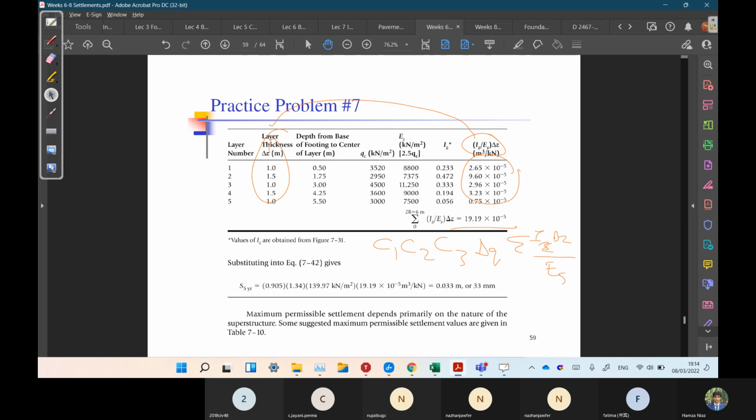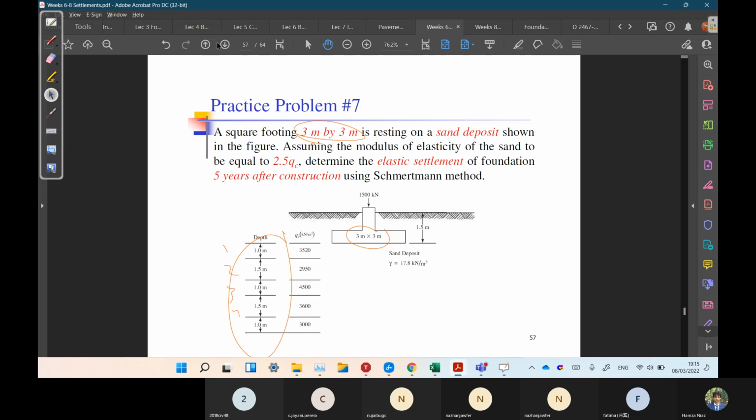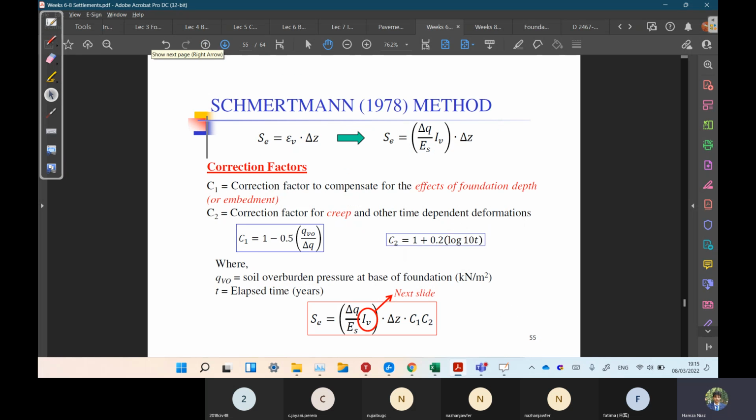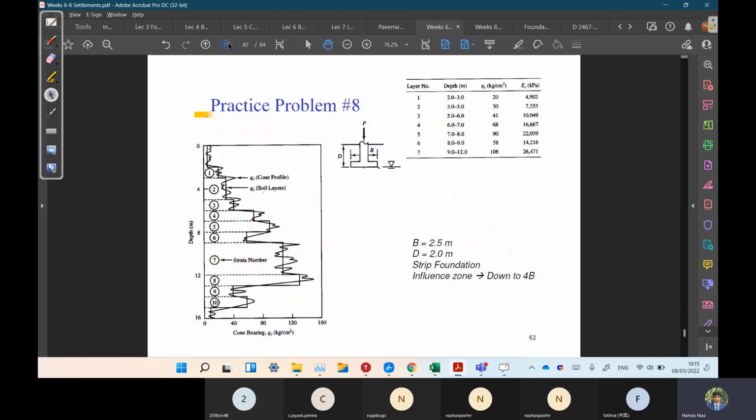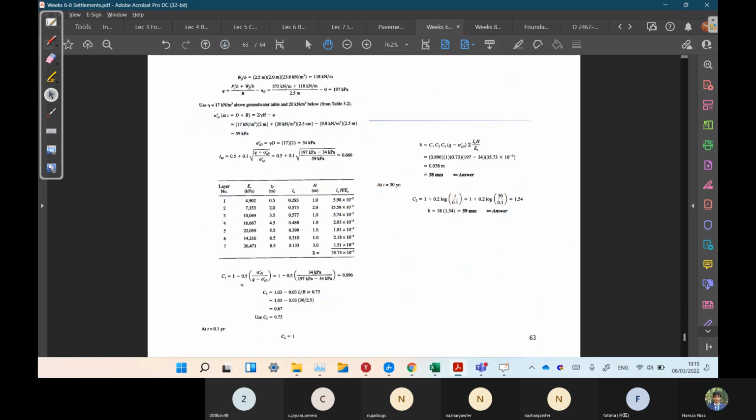Delta Q is the net overburden pressure. C1, C2, C3 are factors, and their formulas are directly given here. C1 is this, C2 is this. This whole summation we calculated. C3 is also used in the actual slide, and the C3 formula is this. So this is how we interpret.